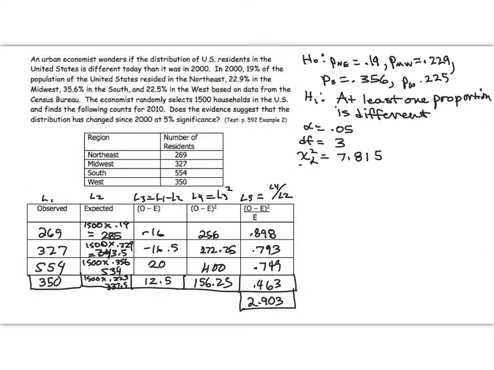Okay, I'm going to go ahead and run this in a calculator and just double check my work. When I run a chi-square goodness of fit test, good. My chi-square value is 2.903. And then my p-value is 0.4068. Okay, so that means we're going to fail to reject.